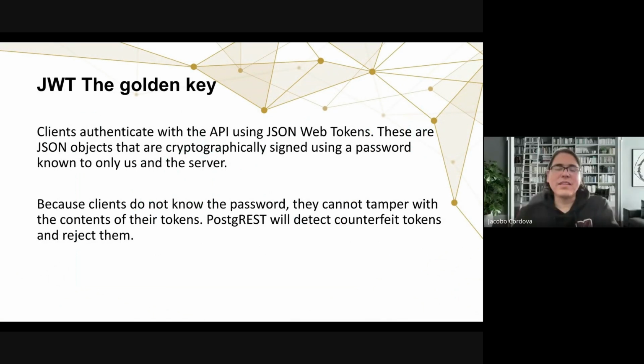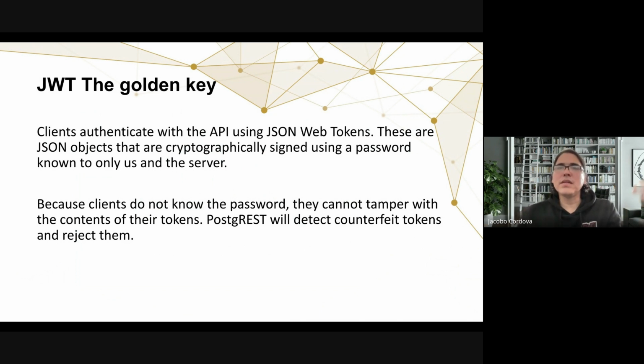Yeah, well, the last thing is about the JWT token, the golden key, because we have this database that gets exposed with all this CRUD. So how do we prevent bad people from accessing our database? We have this JWT token with which we can get the configuration and sign the JSON information to access the database.